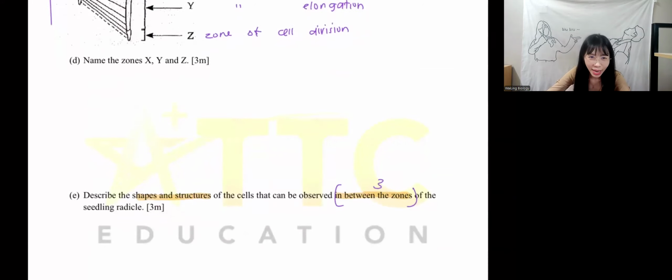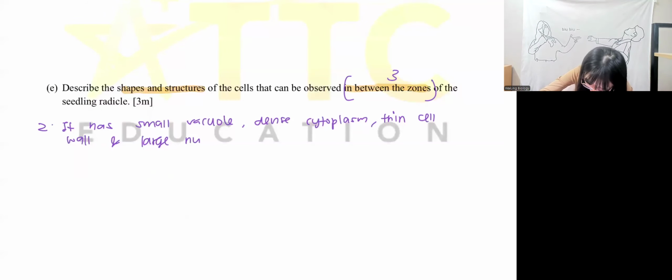So we have X, Y, Z. We start with Z first, the zone of cell division. Z has small vacuole, dense cytoplasm, thin cell wall, and large nucleus. Y is elongation.